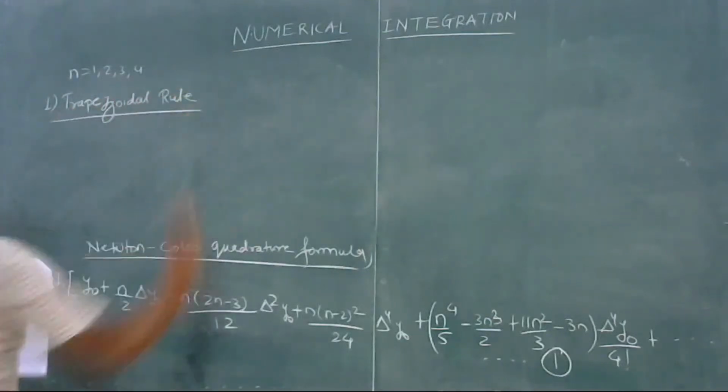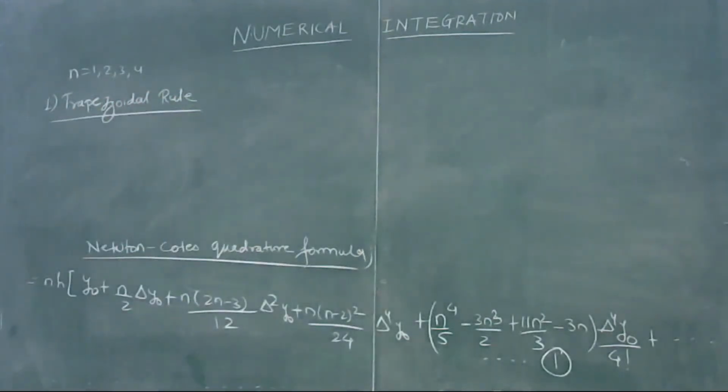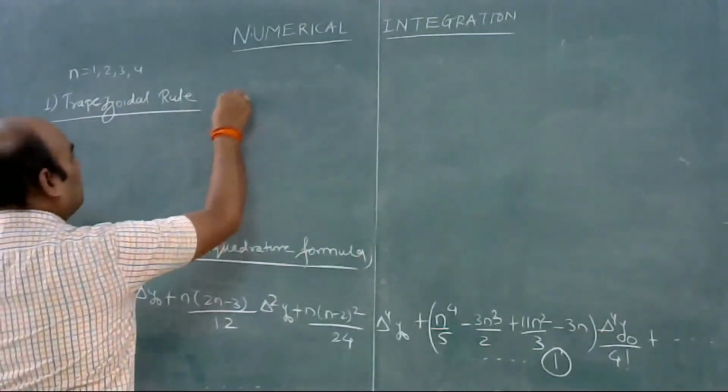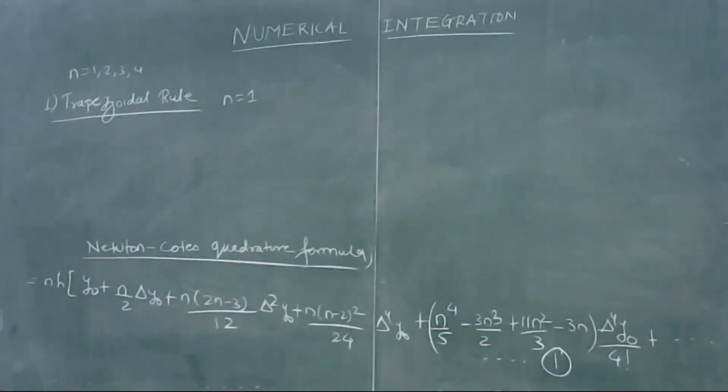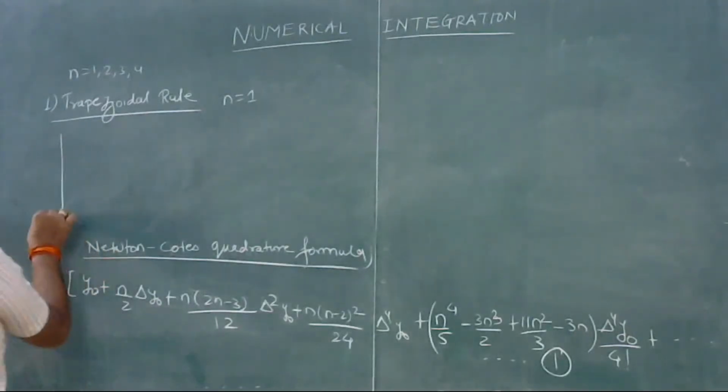Okay. So we will derive the first rule, that is the trapezoidal rule, putting n is equal to 1 in this equation. So the curve will be like this.